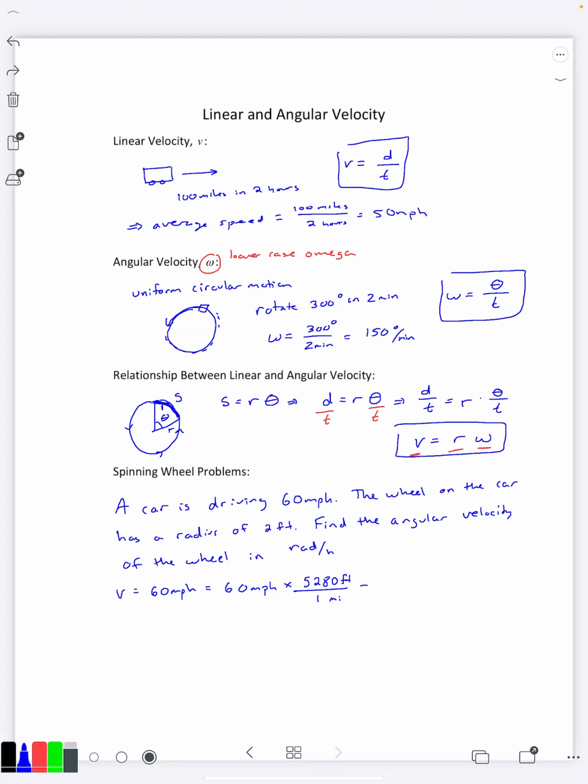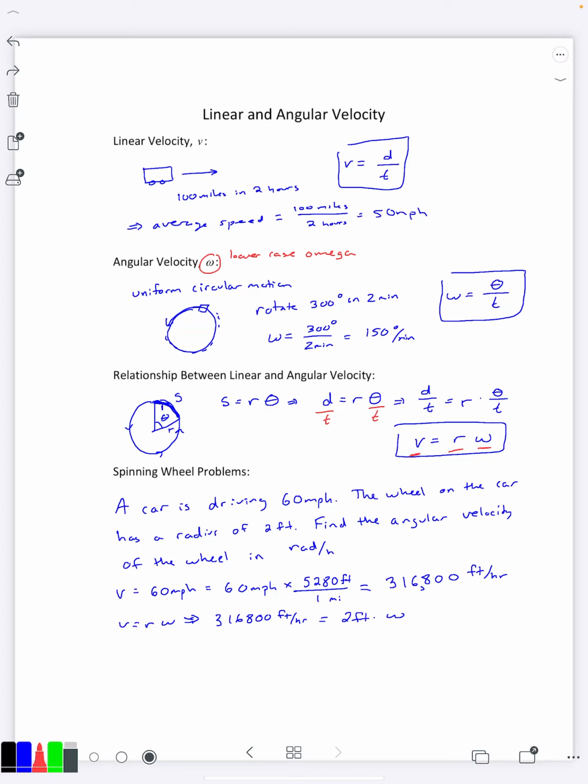And if I go ahead and multiply 60 times 5,280, I'm going to get 316,800, and this is going to be feet per hour. That's my linear velocity v, and we know v is r times omega. So 316,800 feet per hour equals the radius they told us was 2 feet times omega.